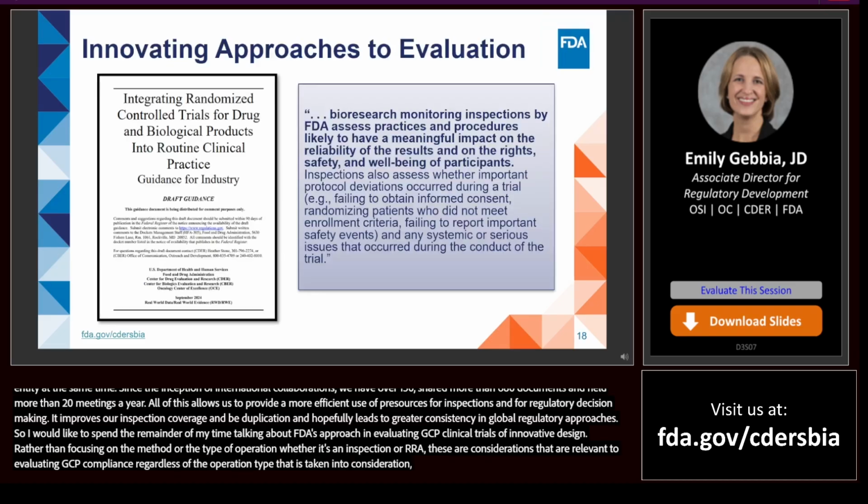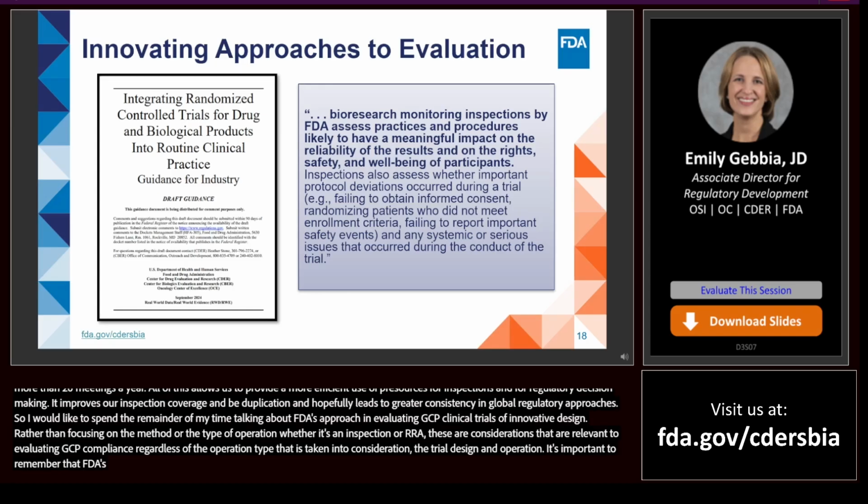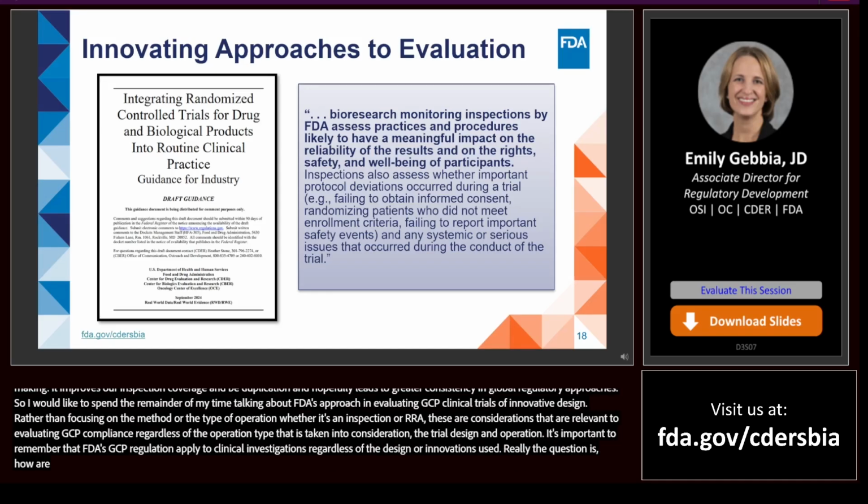It's important to remember that FDA's GCP regulations apply to clinical investigations regardless of the design or innovations used. Really, the question is how the requirements apply when we are talking about what might be considered a non-traditional trial and how we evaluate compliance.